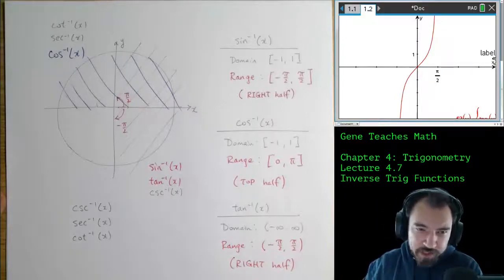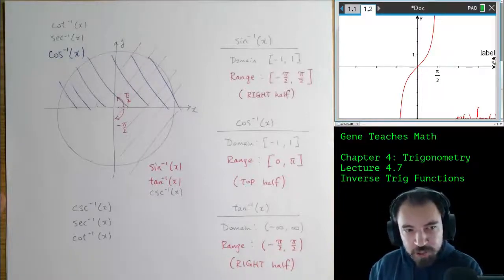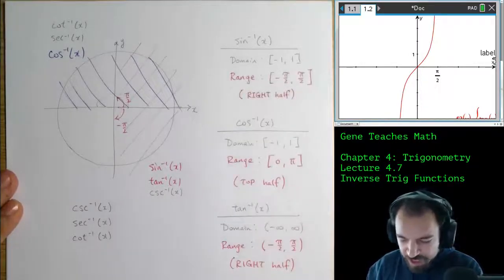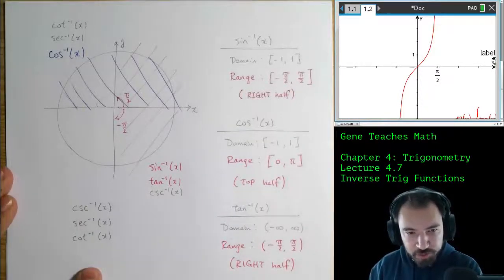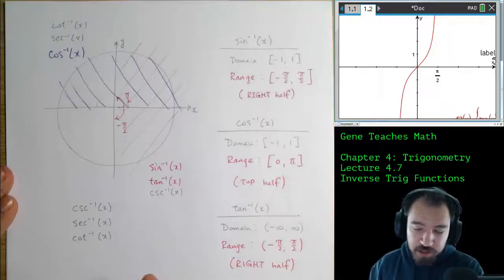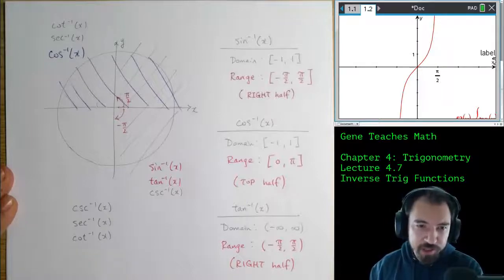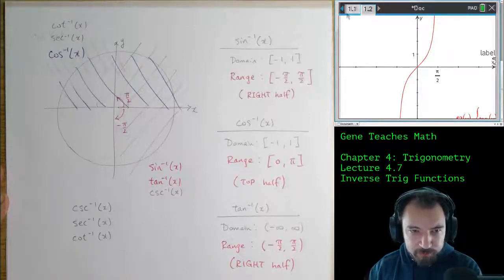But it turns out the way we do math, we can do everything we need to do with these three inverse functions and never touch these three. So I'm not going to discuss these explicitly because I would like to keep things a little bit more simple.